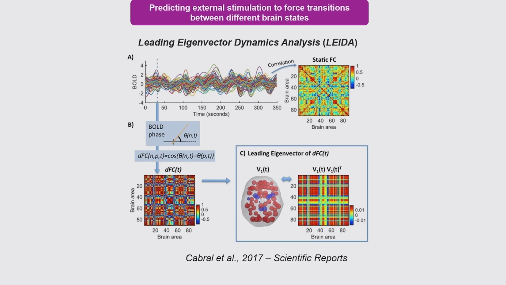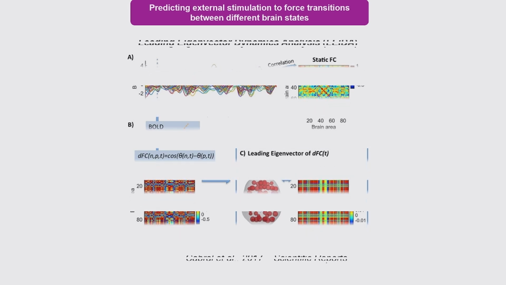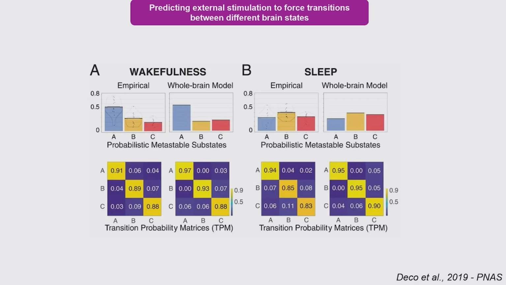Another example of brain states, and how we can use them to study transitions from one brain state to another, was already covered in the talk by Joana Cabral before, with their approach about LEiDA. With this approach, they wanted to try to control the brain and promote transitions between a sleep state and a wake state.